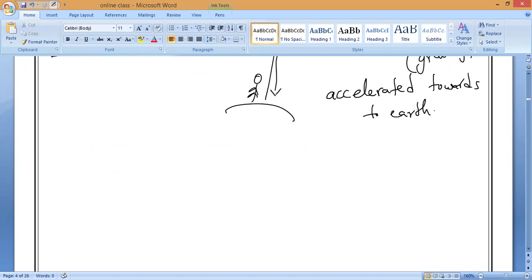So in the freely falling case, or when the body is thrown upward, this uniform acceleration towards the earth, irrespective of mass, is what we call acceleration due to gravity.